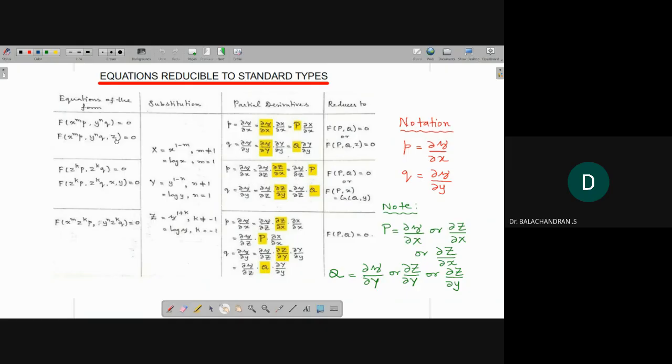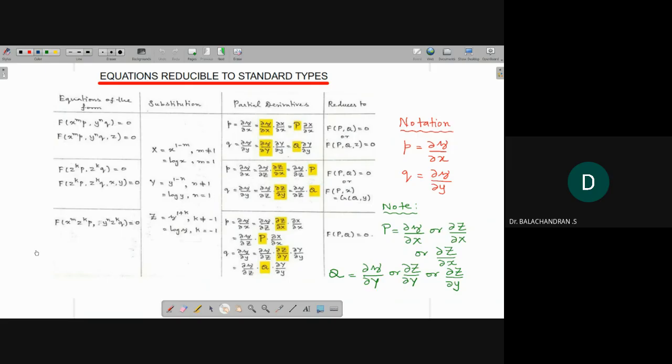Next, here Z is always with the P and Q. Here P is always with the X, Q is always with Y. Here Z is always combined with P and Q. So what extra terms do we have? X and Y. That is the other form of the equation.